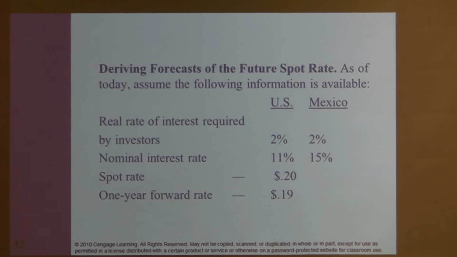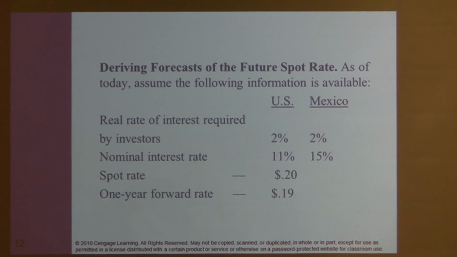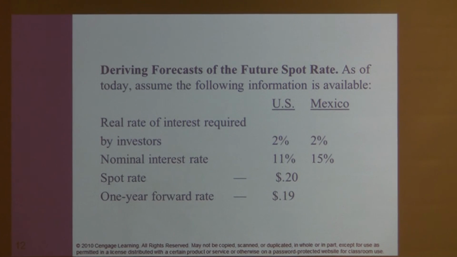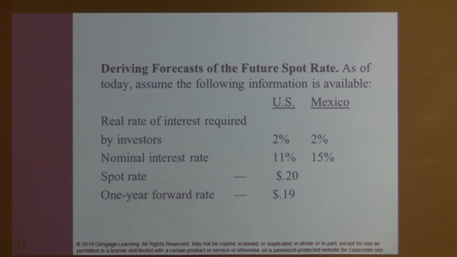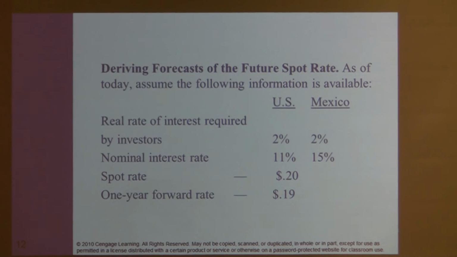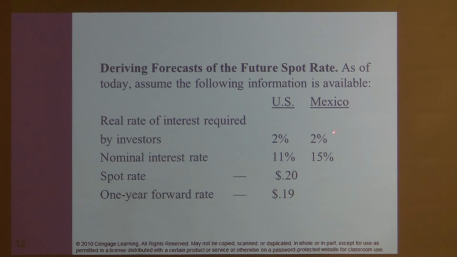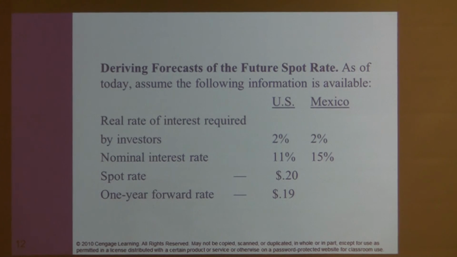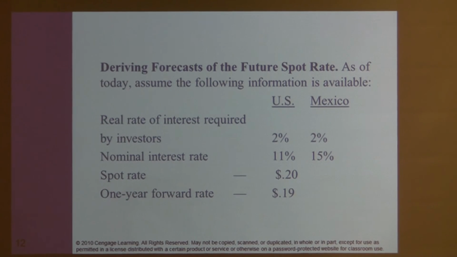The nominal rate is given by the real rate plus the inflation, and in this case, the real rate in both countries is 2%. So that means the inflation in the US is 11 minus 2, which is 9%, and the inflation in Mexico is 15 minus 2, which is 13%. Once we have that, we can find the future spot rate.